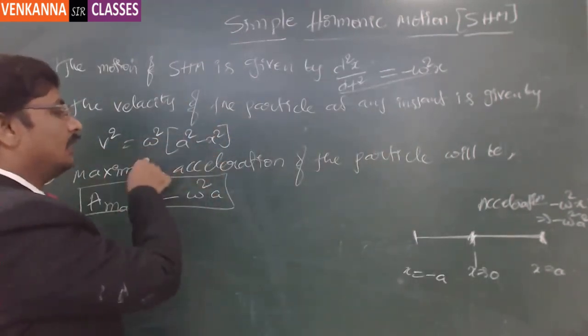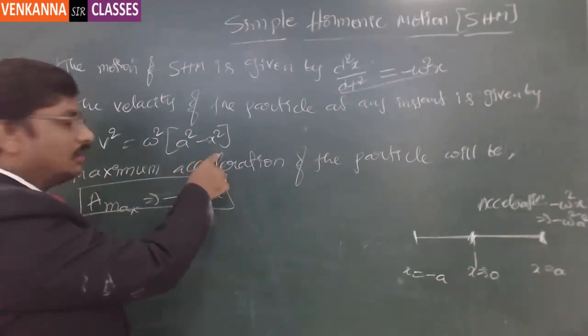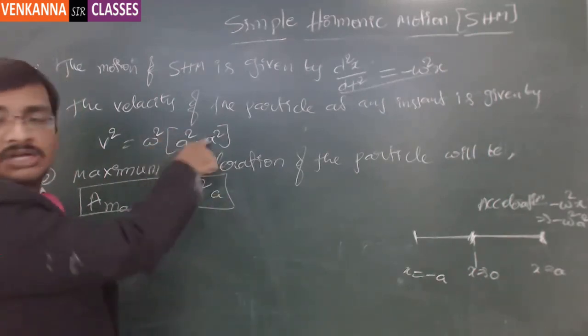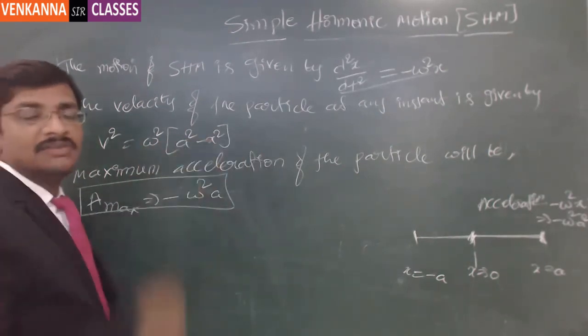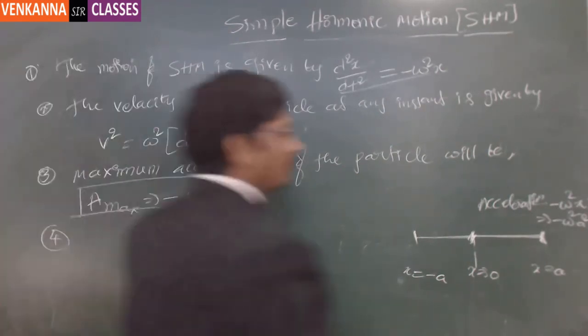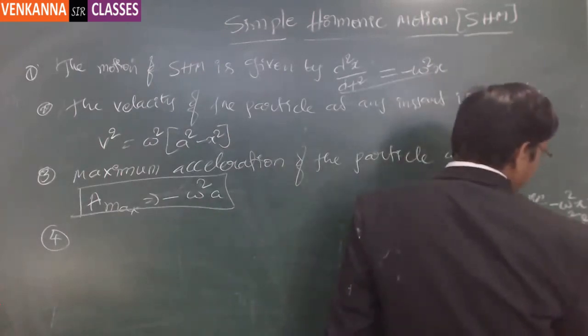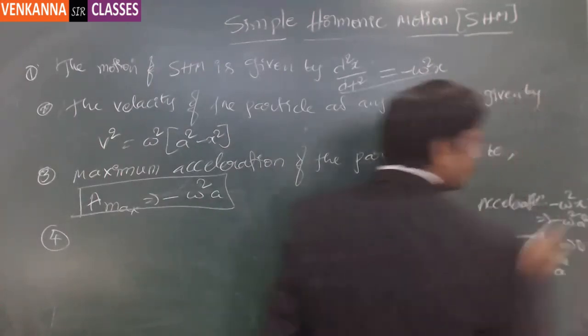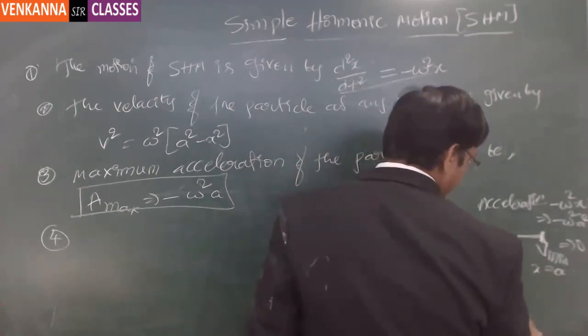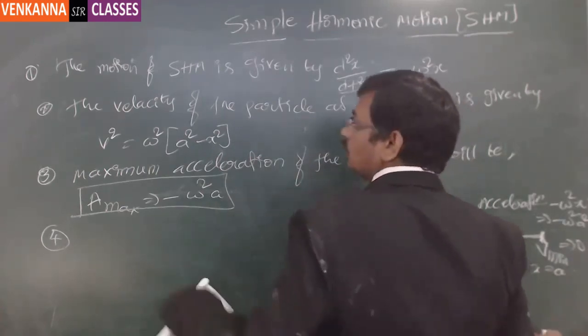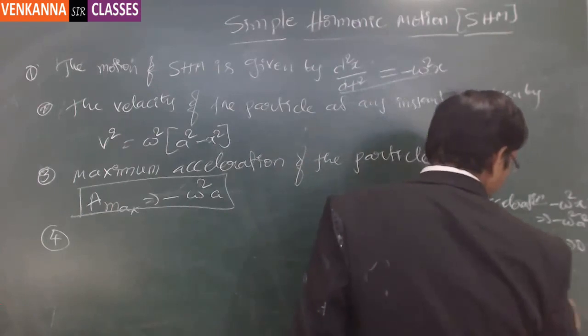At x is equal to 0, this is the maximum value because it can't go beyond that. And at x is equal to a, this is the minimum value, which is 0. So this is v min, always equal to 0 at the extreme position, and this is the place where v max occurs.